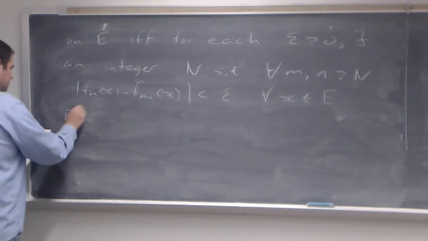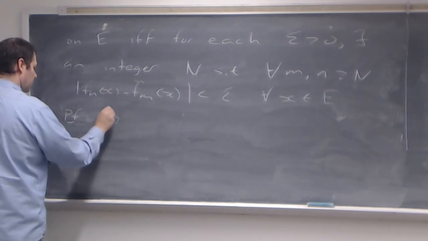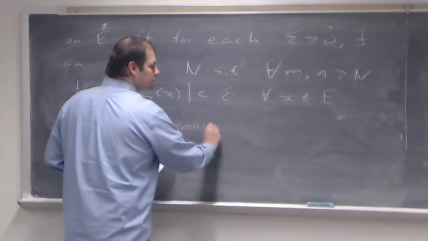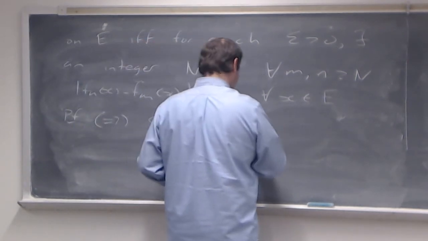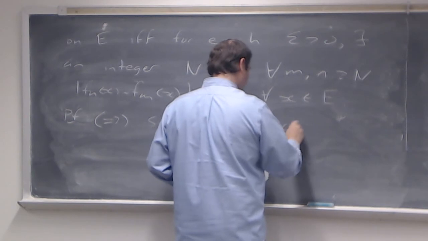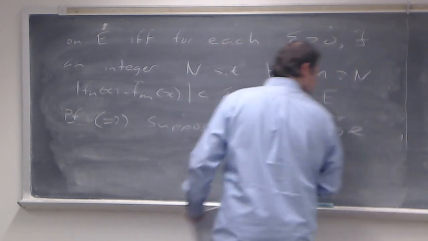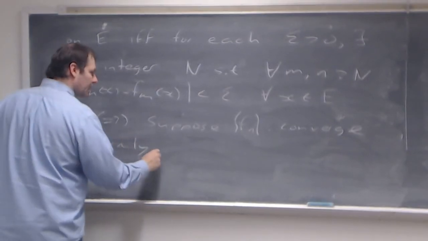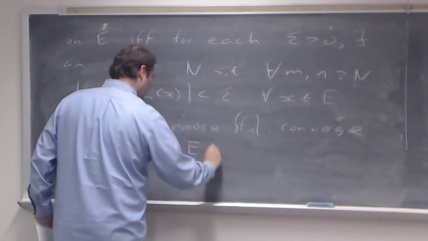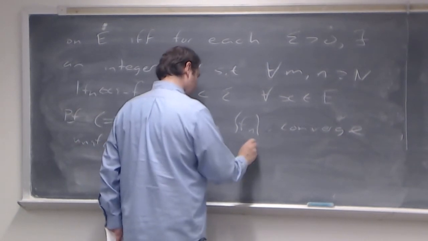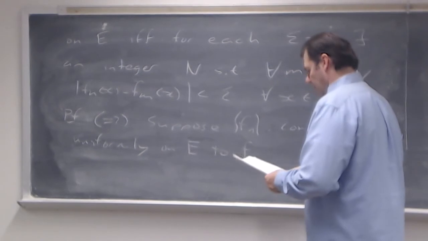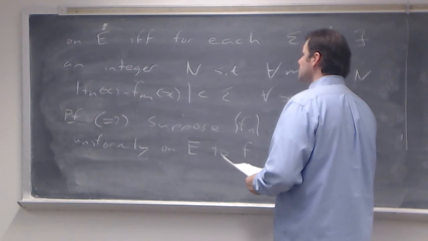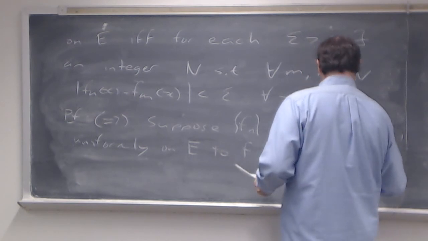Let's do the proof. If and only if statement, let's start with this direction. We're going to suppose f sub n converges uniformly on E to F. This direction isn't so bad. We let epsilon greater than 0 be given.